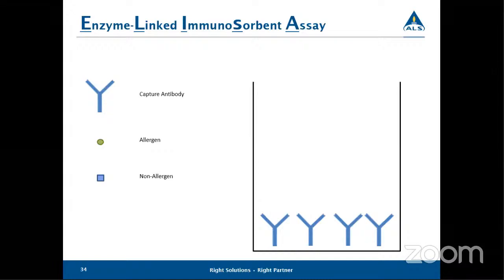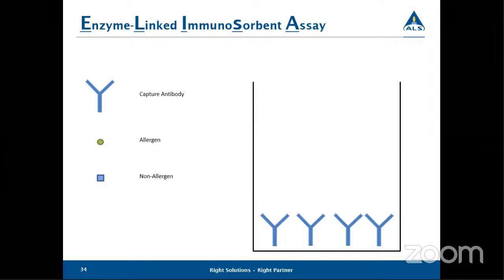So in the assay, it starts with a coated plate. It is usually purchased as a kit. There are a number of different vendors out there that have slightly different versions of it, but this is the basic concept. We have a plate that has a capture antibody coated on it, and it's specific to a specific epitope of an allergen.